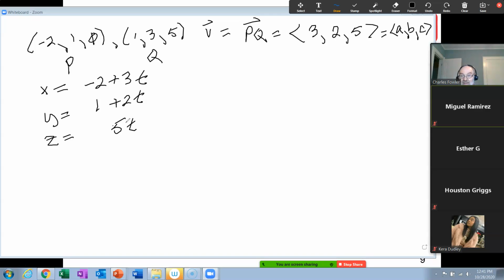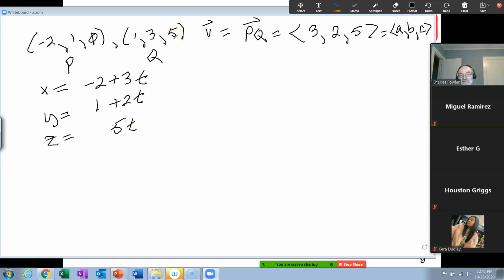Now they picked a few values for t. For instance, if you pick t equal to 0, you get the point negative 2, 1, 0. If you pick t equal to 1, negative 2 plus 3 would be 1, 1 plus 2 would be 3, and 5 times 1 would be 5.